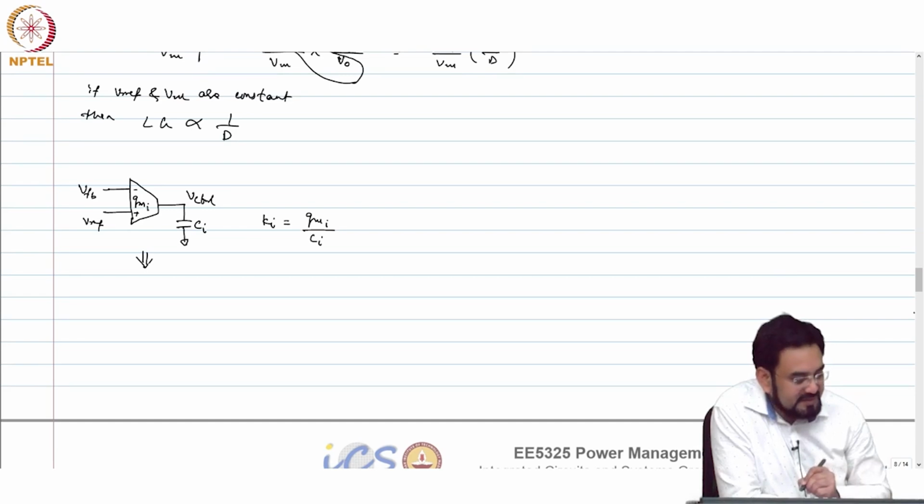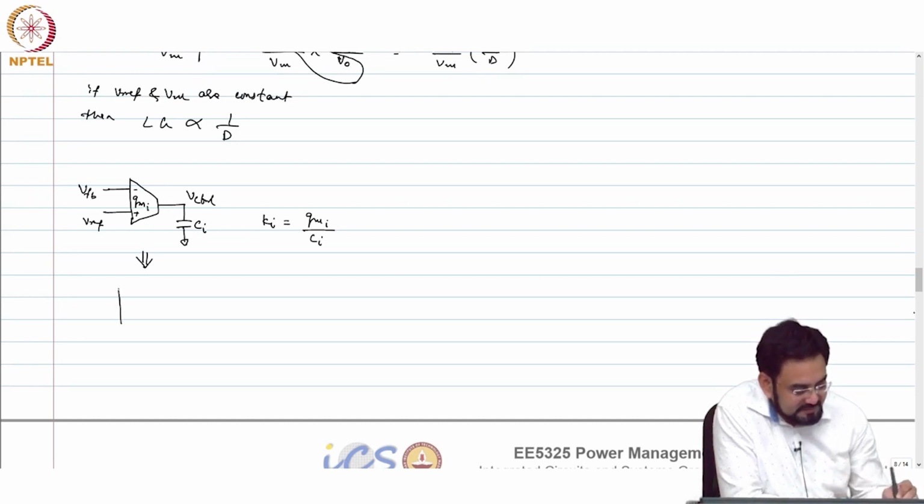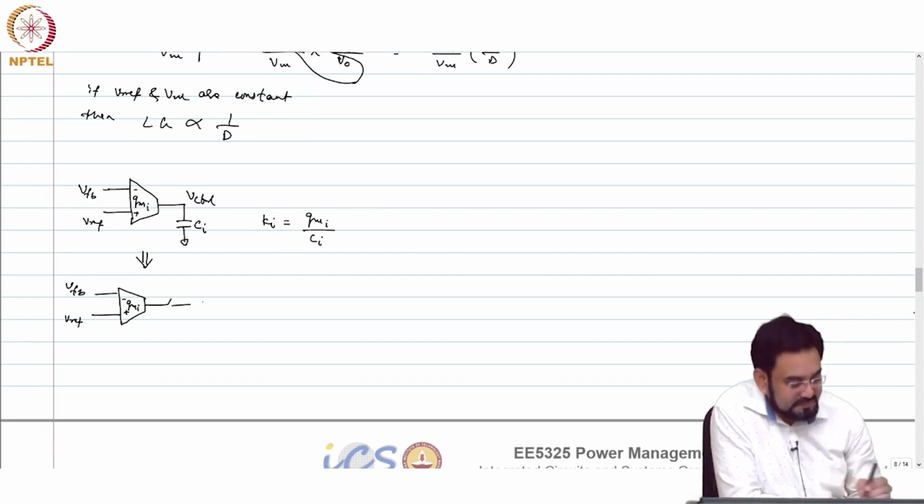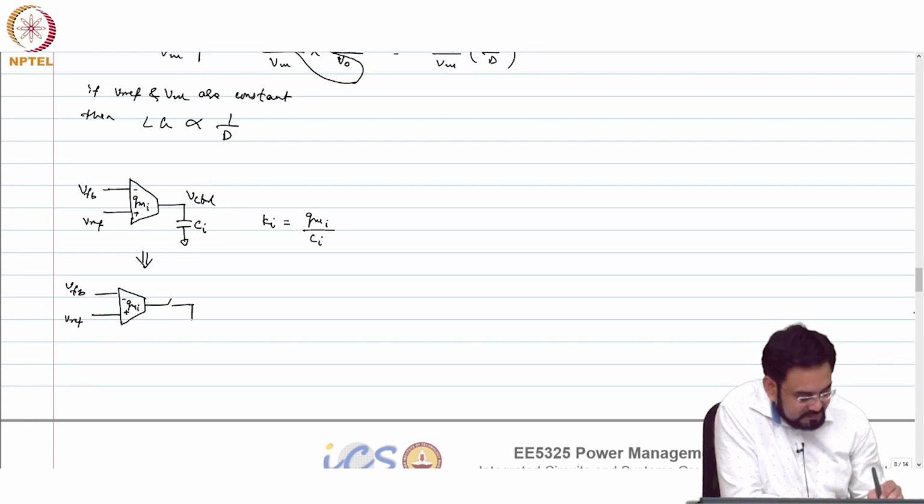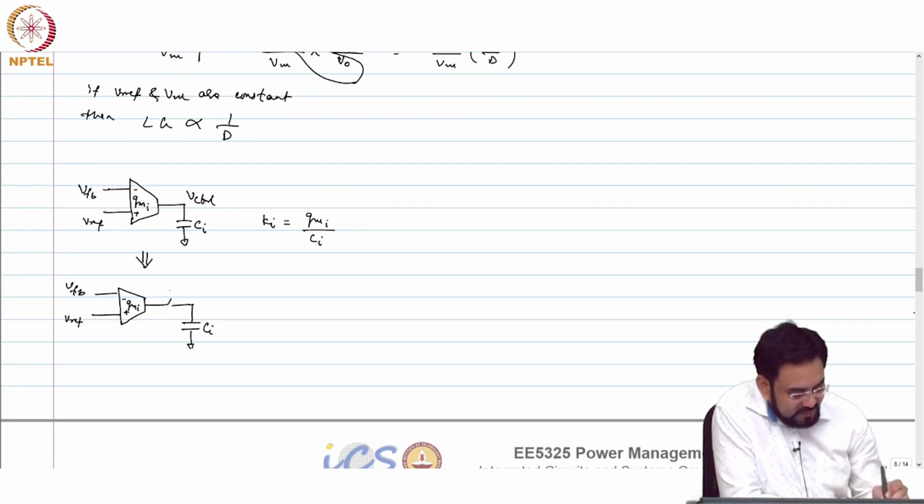So if I modify this, let's say I put a switch, and this is controlled by your PWM.